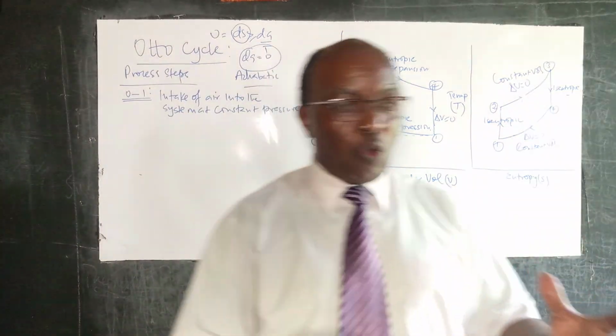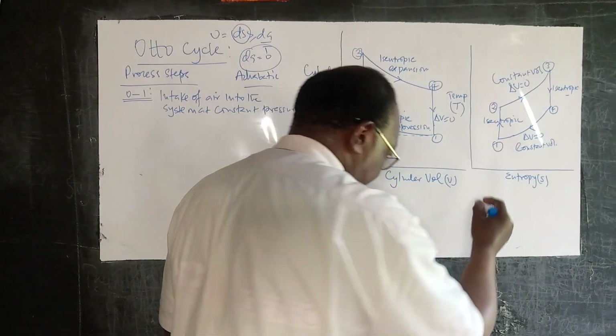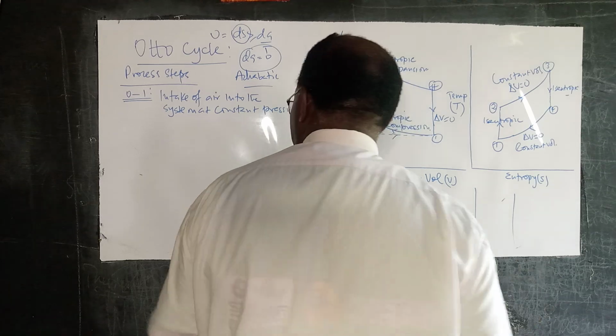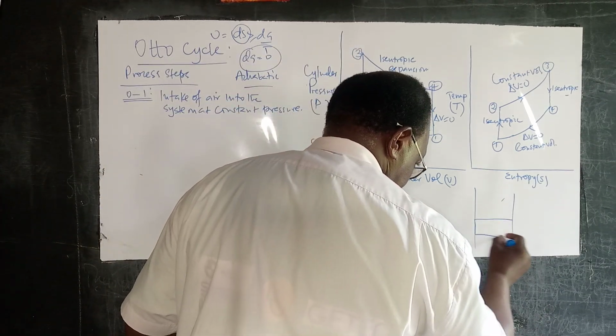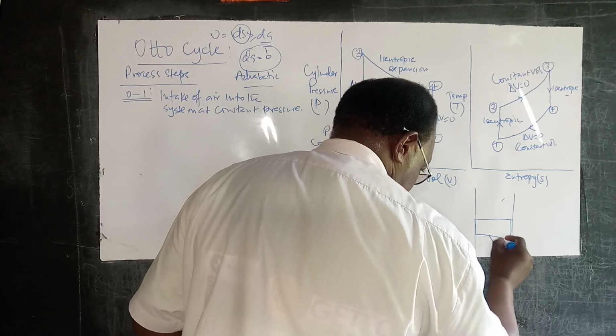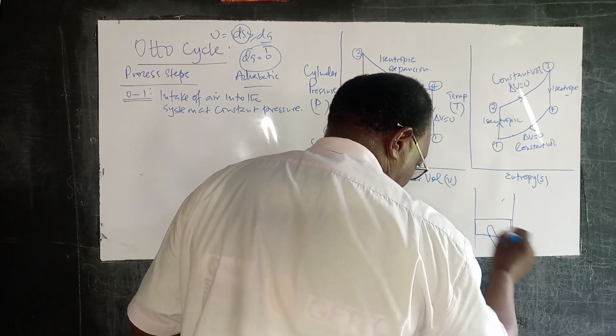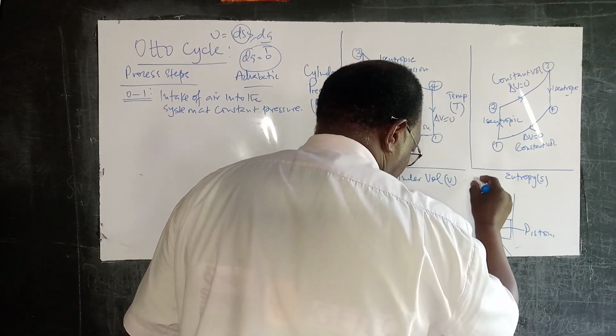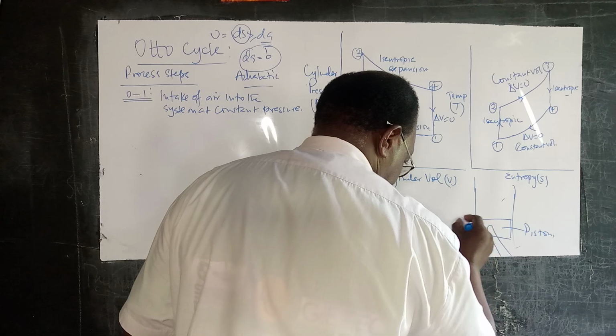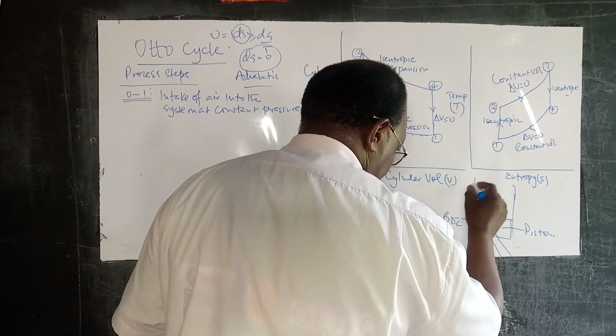And how are you going to take it? If you remember the internal combustion engine, we had drawn the piston. Let's just have it there. So we had the piston. We have the piston rod. Let's just assume that is BDC as opposed to TDC.